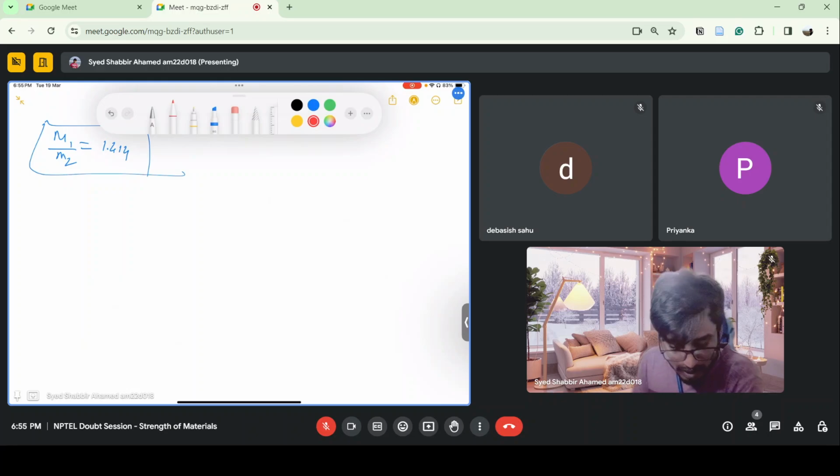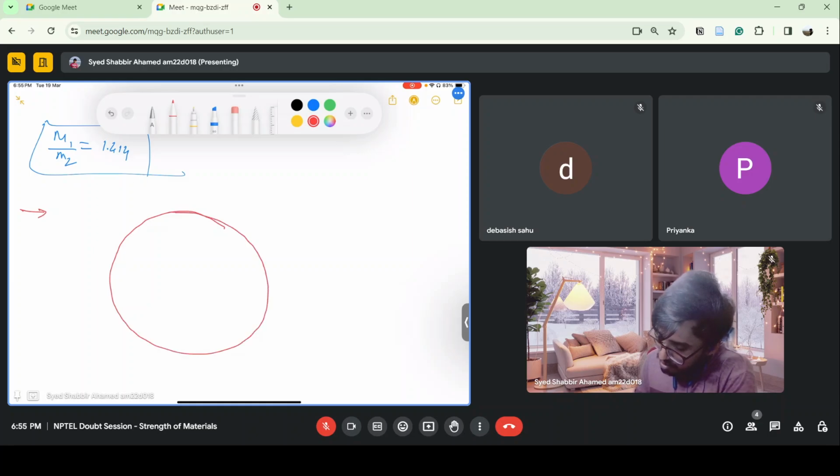We have a steel bar whose dia is 200 mm.